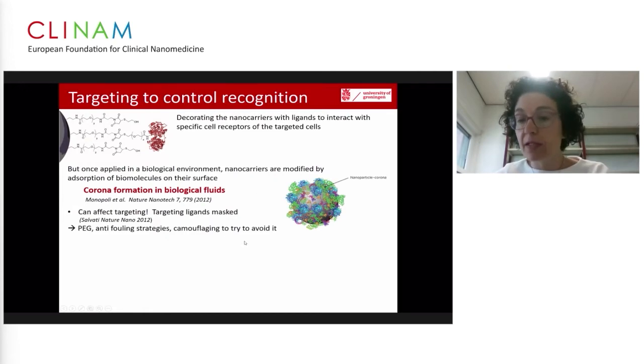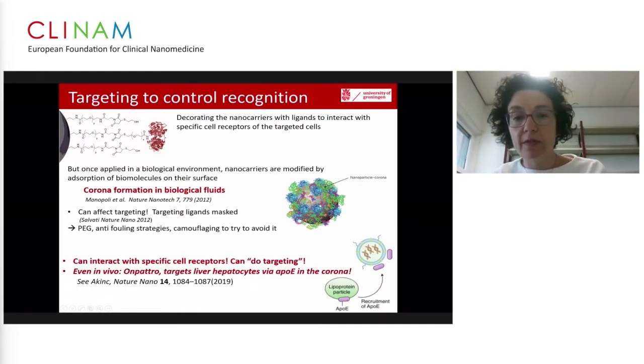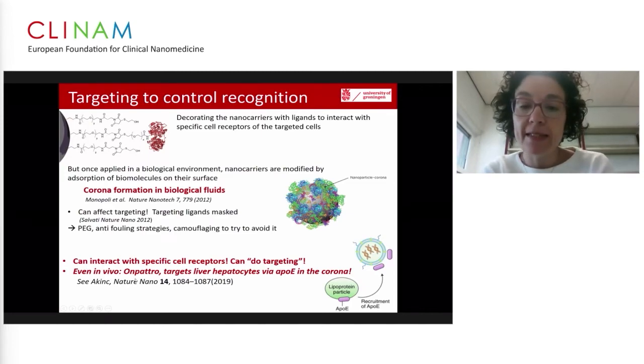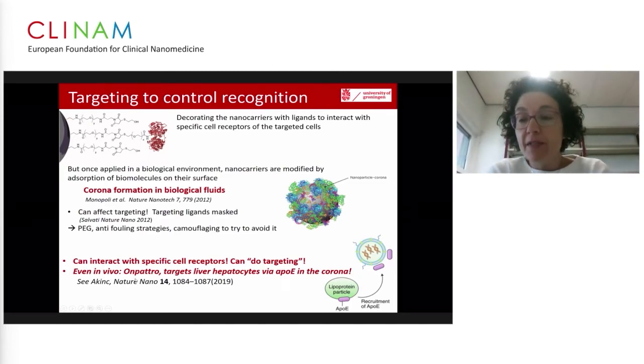There are different strategies to try to avoid it or reduce it, but more and more we're discovering in the field that in some cases this adsorbed layer can actually provide new interactions to the nanomedicines. The most surprising example perhaps is that of the approved nanomedicine Onpattro, the first siRNA nanomedicine, which can target the liver hepatocytes in vivo because it recruits ApoE in the corona.